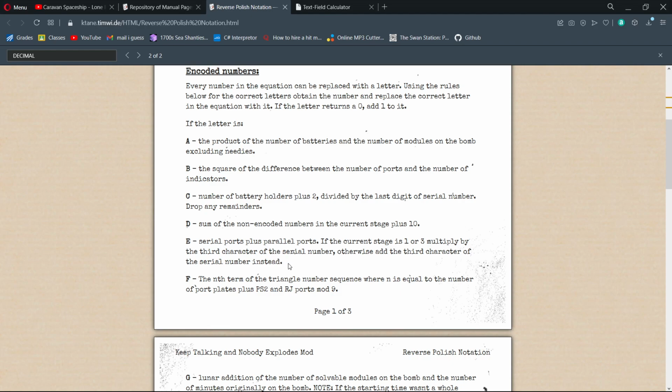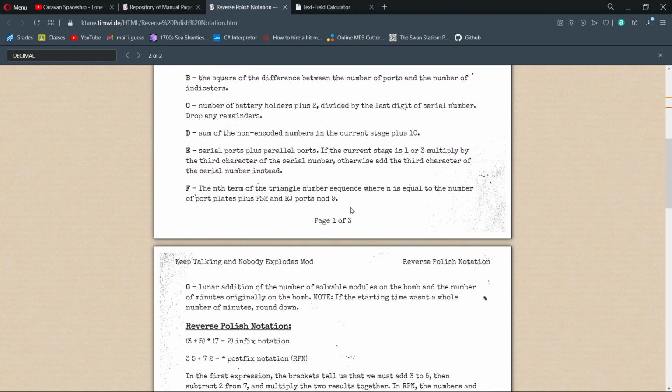Now the third character of the serial number is always going to be a letter, or rather a number. So you should be fine. If you have a serial number modifier, I have no idea what's going to happen if it tries to multiply by a letter. But yeah, that's if it's stage 1 or 3. If it's stage 2, then you're just going to add the third character of the serial number.